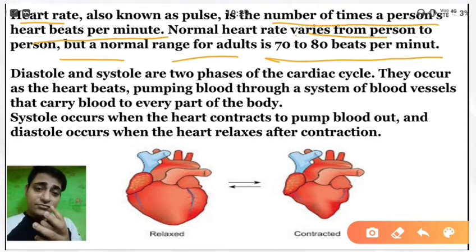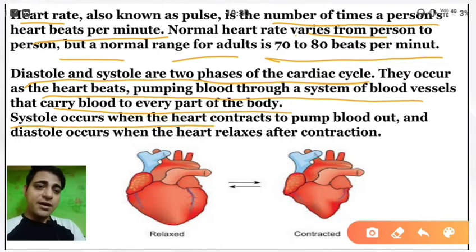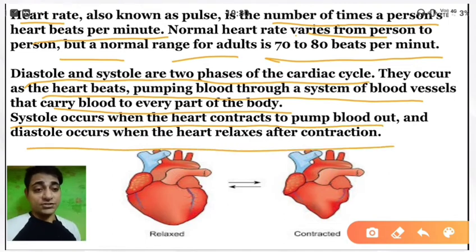Now there are different names for contraction and relaxation. Diastole and systole are the two phases of the cardiac cycle. They occur in the heartbeat, pumping blood through a system of blood vessels that carry blood to every part of the body. Systole occurs when the heart contracts to pump blood out, and diastole occurs when the heart relaxes after the contraction.